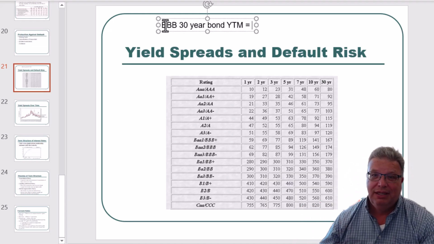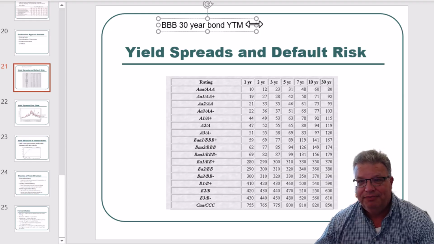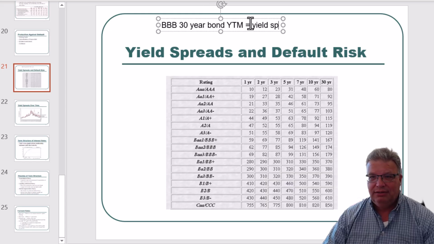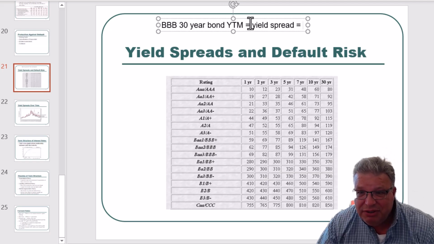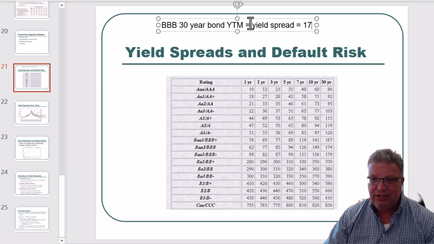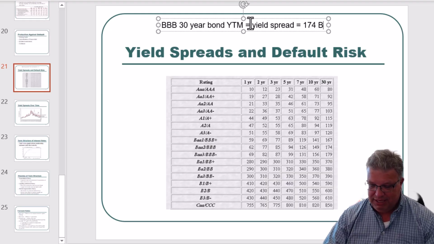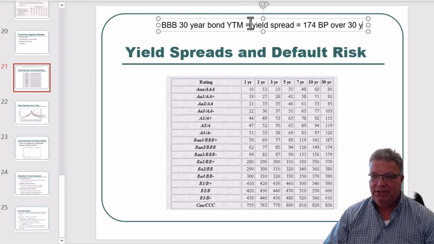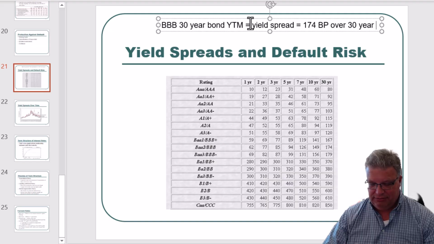And for us right now, we can see that the yield spread equals, for triple B 30 years, 174, and that's basis points, okay? And it's over the 30-year Treasury bond yield to maturity.